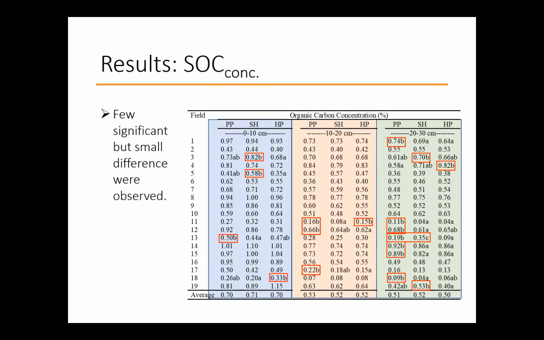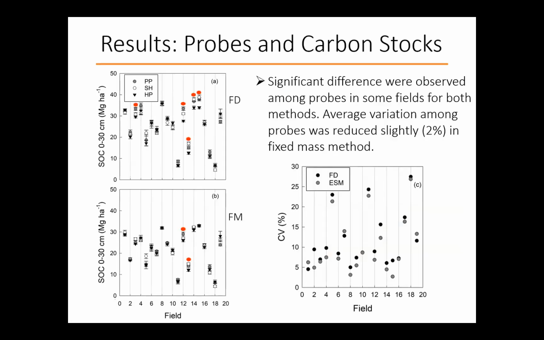Moving on from organic carbon concentration, we calculated the estimates of soil organic carbon with the fixed depth method, where we use bulk density, and the fixed mass method. There were 5 fields where we saw significant differences in carbon stocks among the probes.